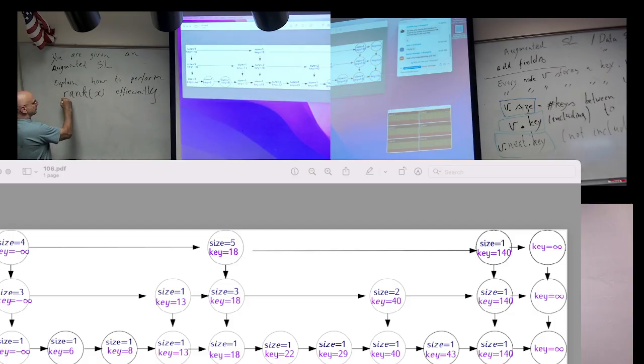Explain how to perform the operation rank of X efficiently.